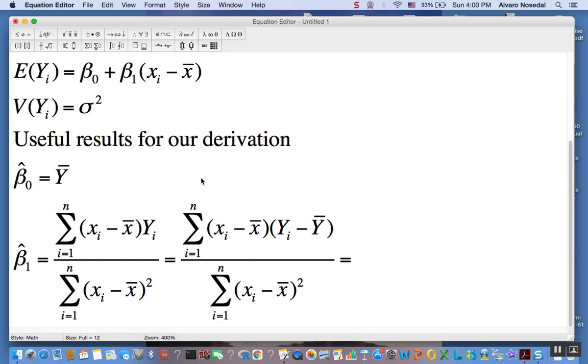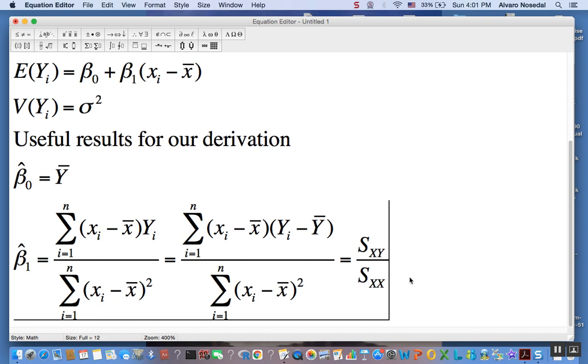Another way of remembering this would be just Sxy, a notation that you have seen in your textbook, divided by Sxx. Those expressions are equivalent.